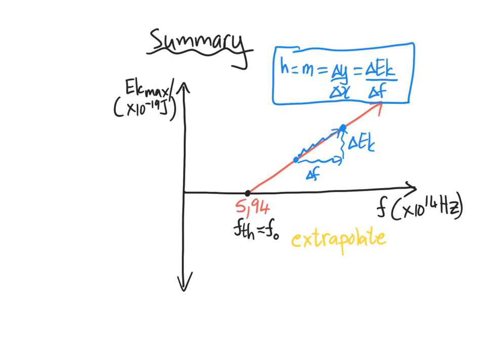And that would mean we would have to draw a line to the y-axis, or the kinetic energy axis, and there the y-intercept c is in actual fact the negative value of the work function.